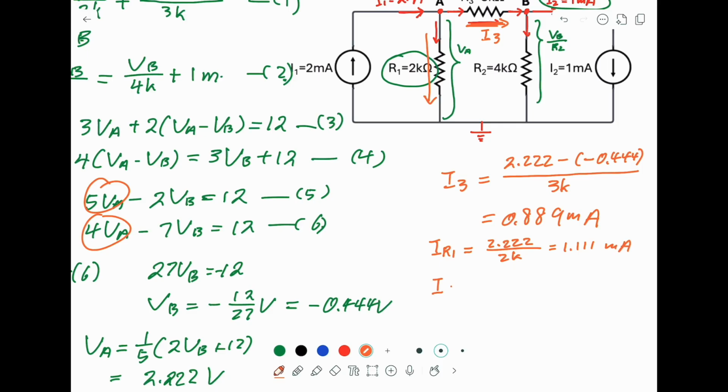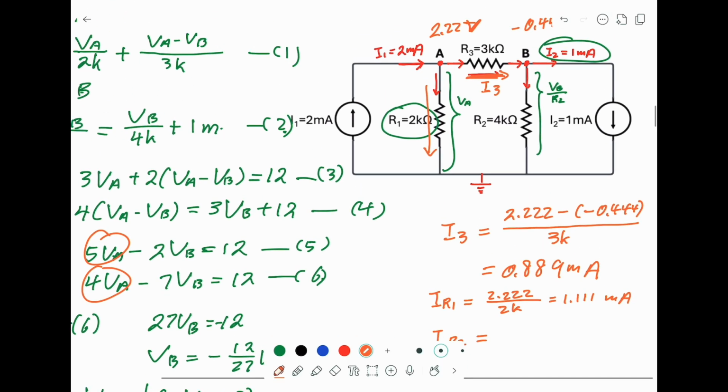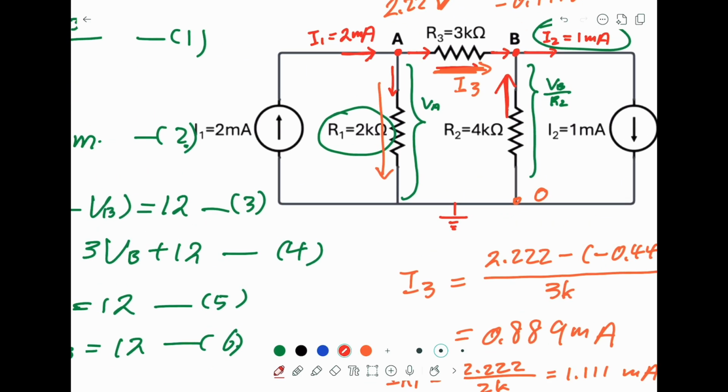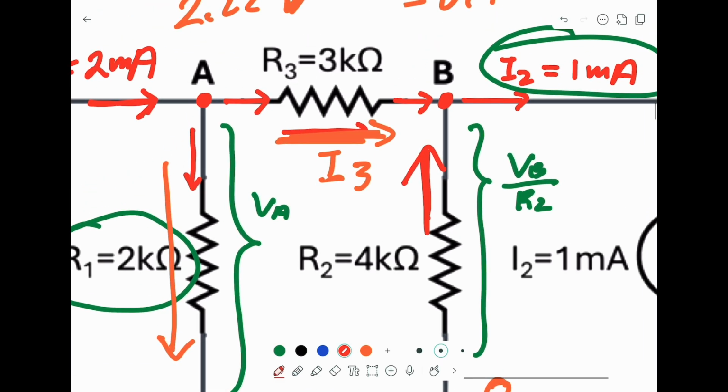The current passing through R2, this is 0, so the current should be reversed. So this should be the direction of the current passing through R2.